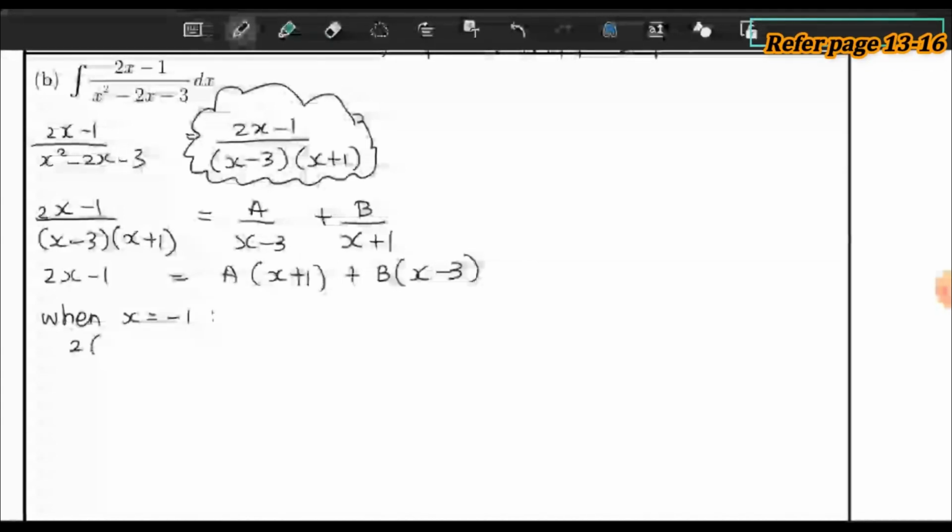So, 2 times negative 1 minus 1 equal to a times negative 1 plus 1 is 0. And plus b times negative 1 minus 3. Therefore, we will get b equal to 3 over 4.